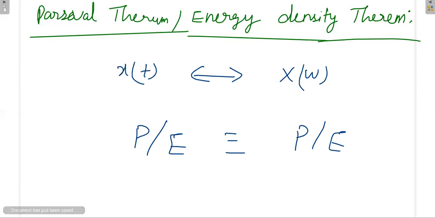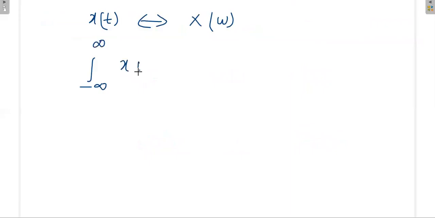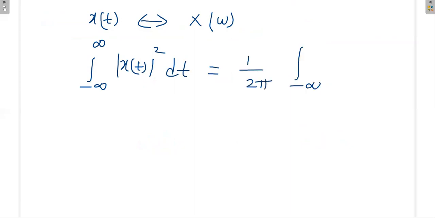Suppose x of t is there, and the Fourier transform pair is X of omega. Then the energy in the given signal is the integral from minus infinite to plus infinite of mod x of t whole square dt. The energy in the time domain is given by this formula. The energy in the frequency domain is 1 by 2 pi integral from minus infinite to plus infinite of mod X of omega whole square d omega.